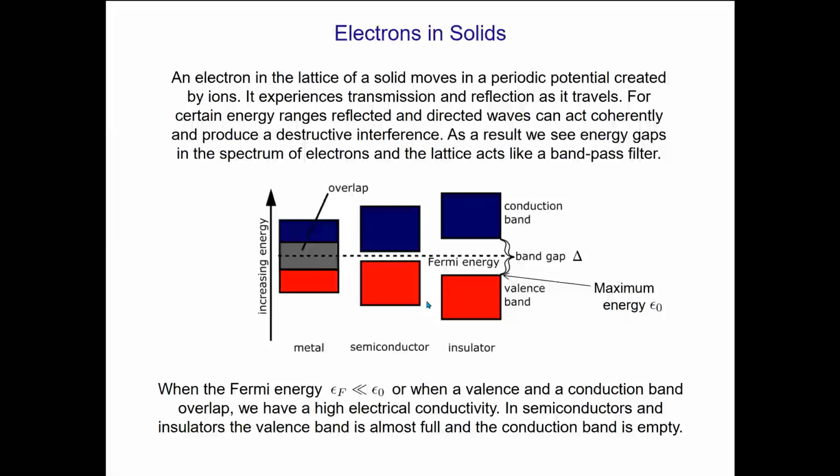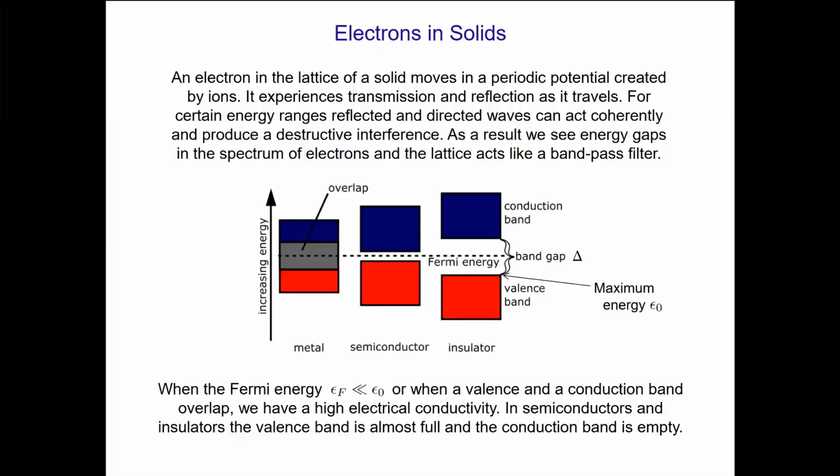Okay, so now we are going to look at electrons in solids. An electron in the lattice of a solid moves in a periodic potential created by ions, and it experiences transmission and reflection as it travels.